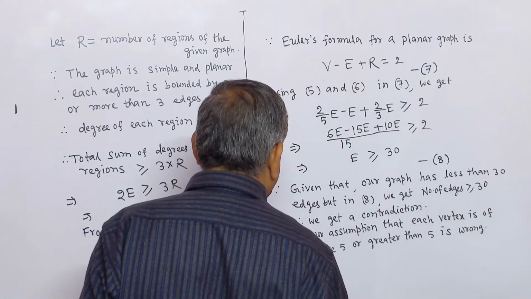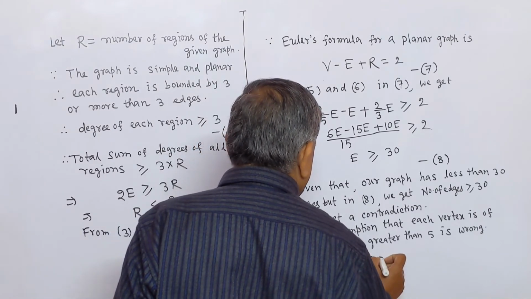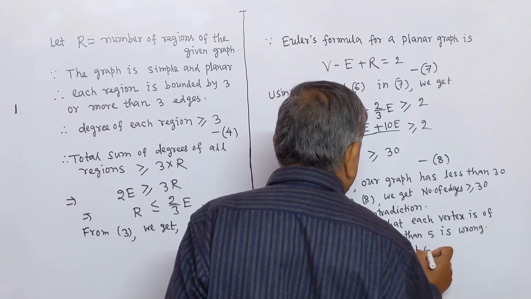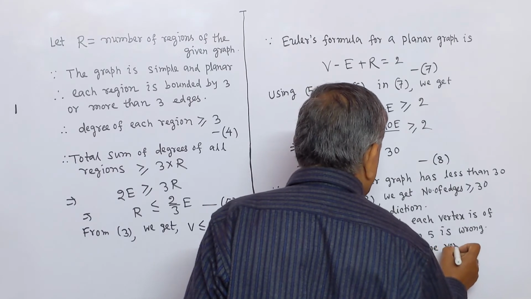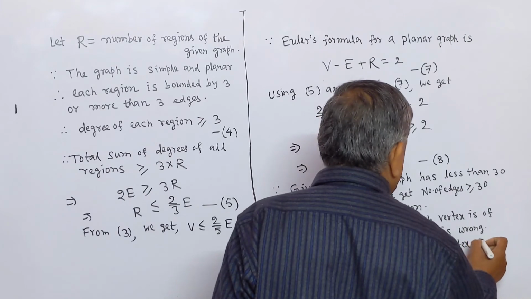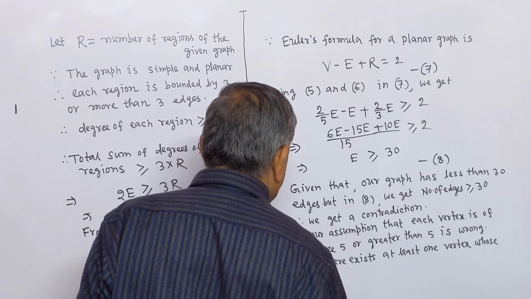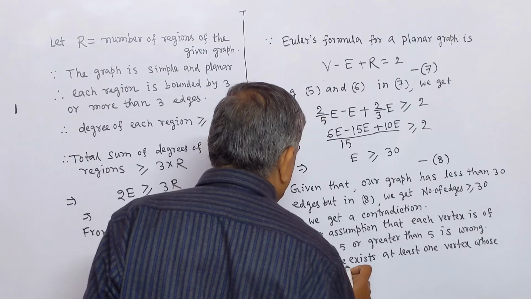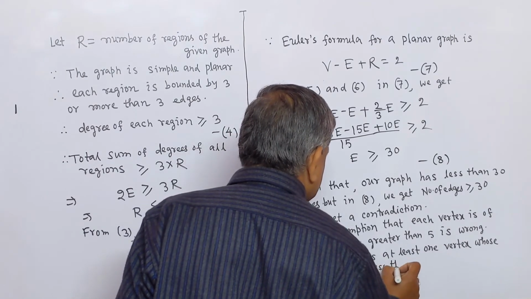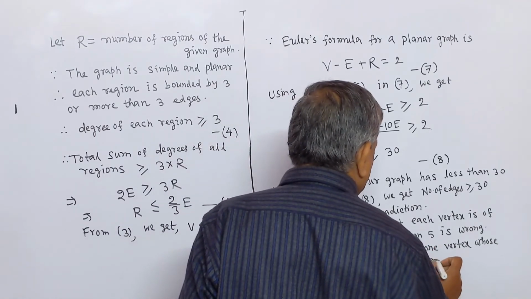Hence, there exists at least one vertex whose degree is 4 or less than 4. Proved.